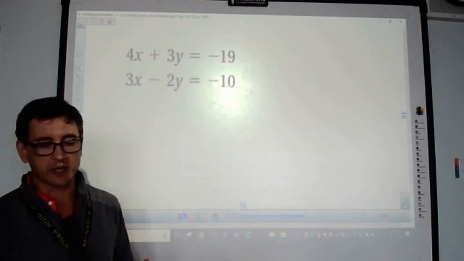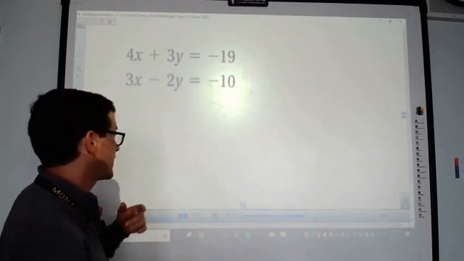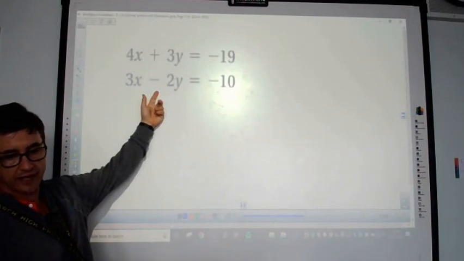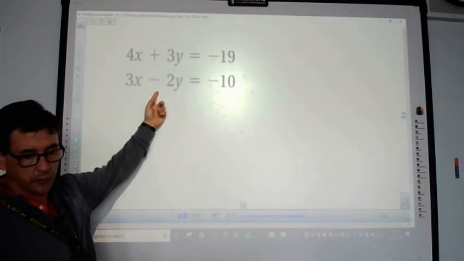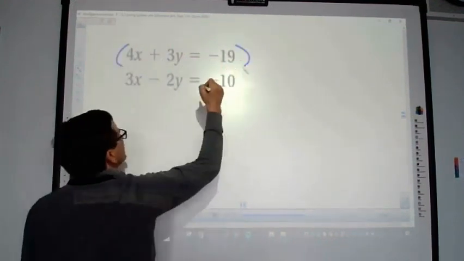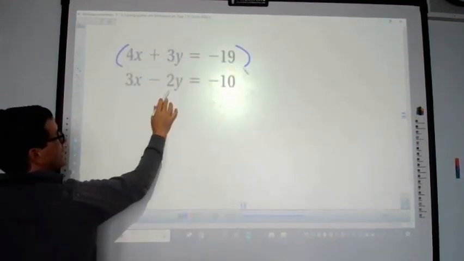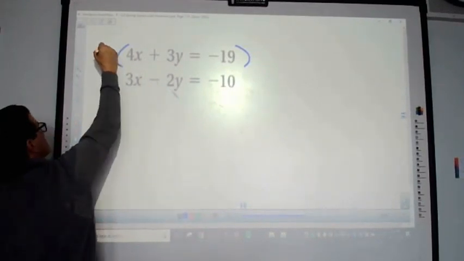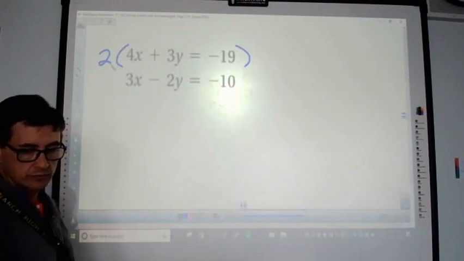So remember, you have to have one positive and one negative sign. My y's already have one positive and one negative sign, so I'm going to get rid of the y's. I look down here, I see a -2 in front of the y. I'm going to multiply the top equation by 2.